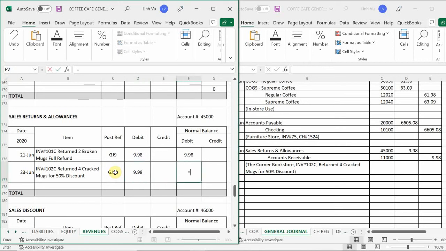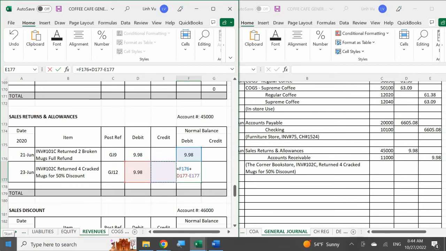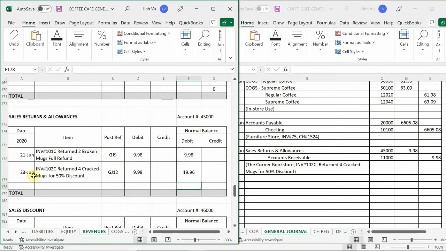So what is my ending balance here? $19.96. And then we have to reduce his accounts receivable.